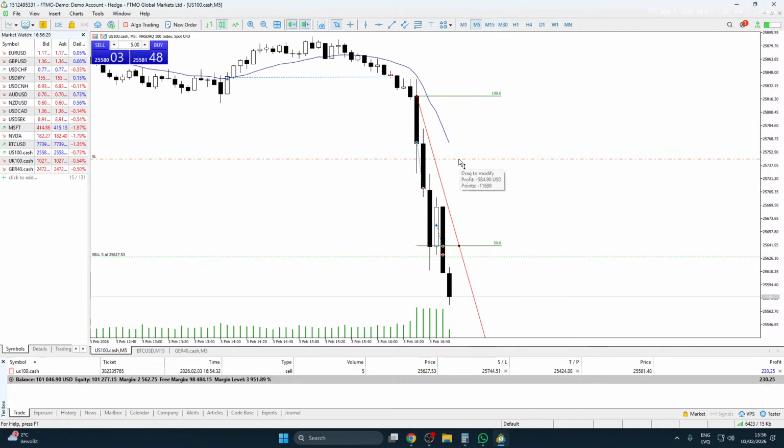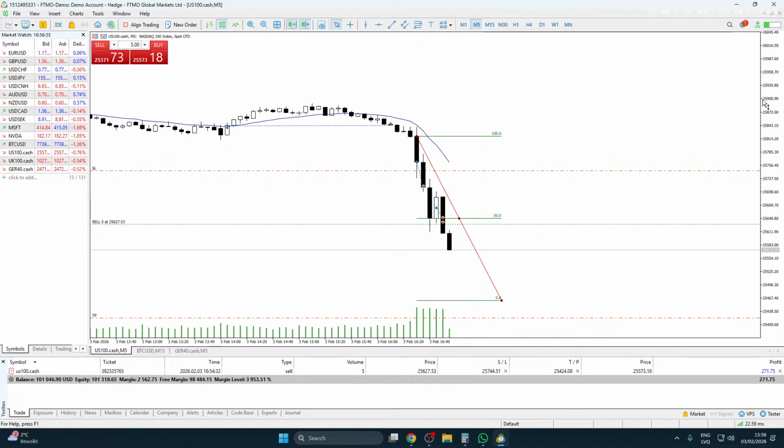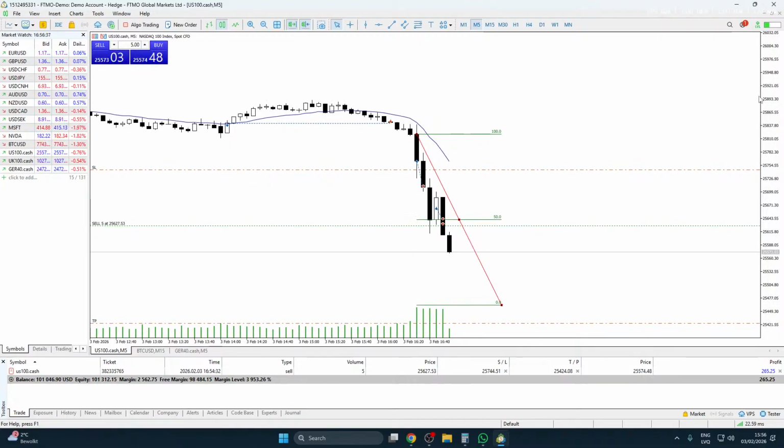But I think the trader's equation here is okay. Like, I think I'm on the better side of probability here. So I'm gonna go like this.